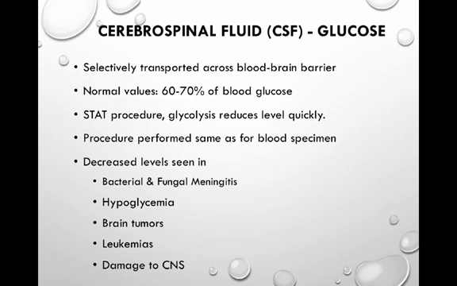Decreased levels of CSF glucose are part of the hallmark findings seen in bacterial and fungal meningitis. A patient who's hypoglycemic, or has a low blood sugar, will have low CSF glucose. Other reasons for decreased CSF glucose include brain tumors, leukemias, and central nervous system damage.